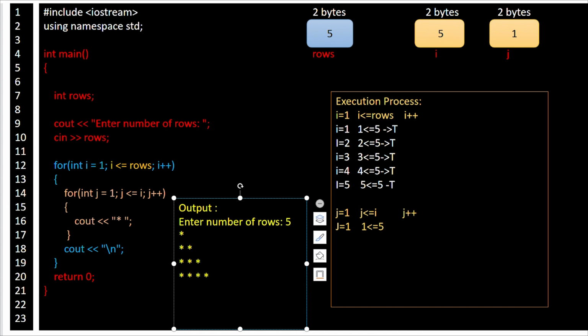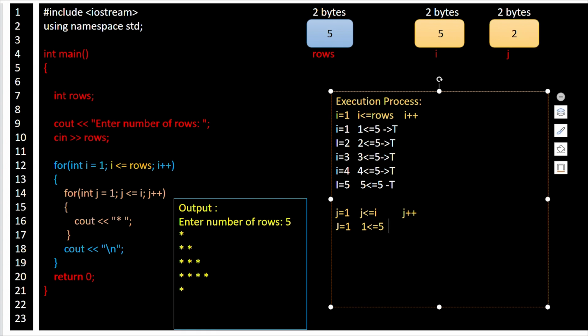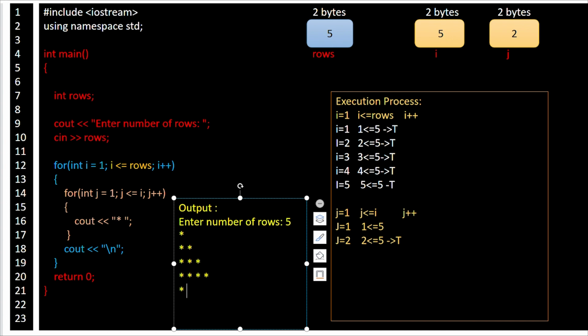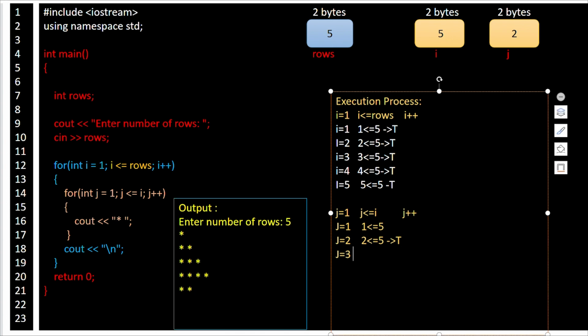So we are going to print this star with space. Then the value of j is equal to 2. So j equal to 2. 2 less than or equal to 5. This condition is going to be true. If this condition is true, we are going to print this star with space. Then again incrementing the value of j. The value of j is equal to 3. 3 less than or equal to 5. Yes, the condition is true. We are going to print the star.